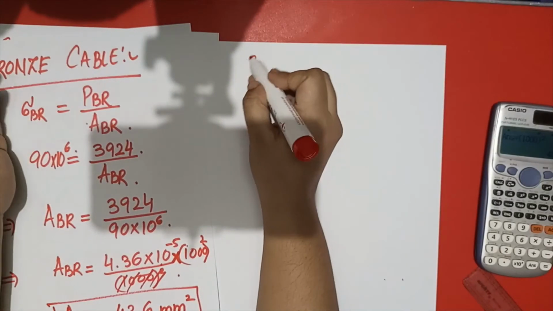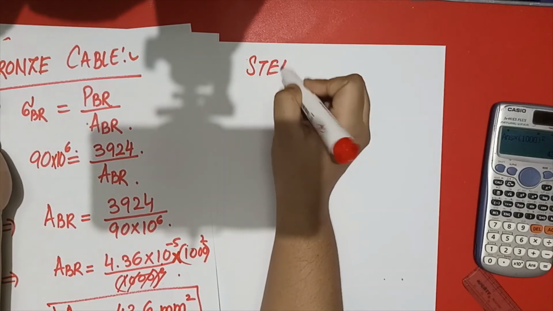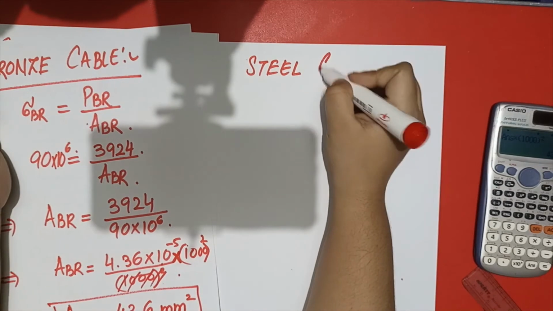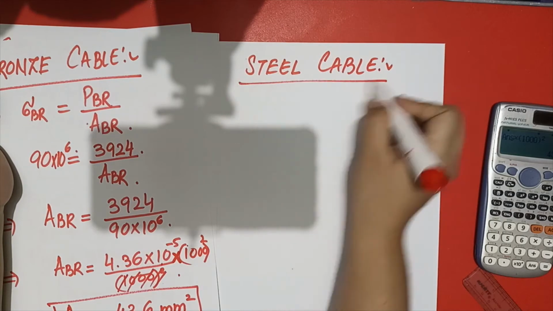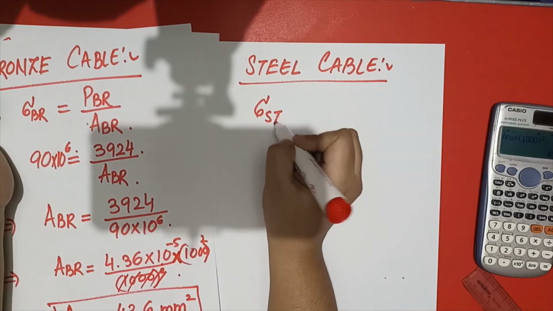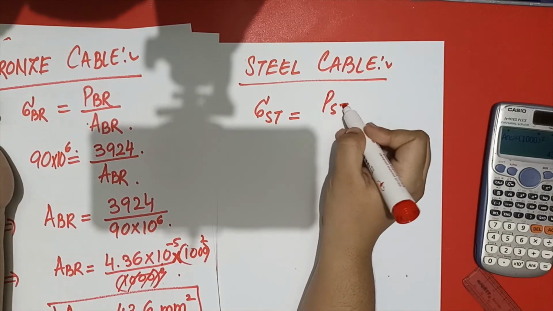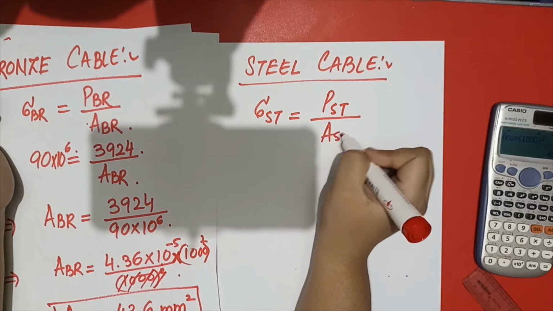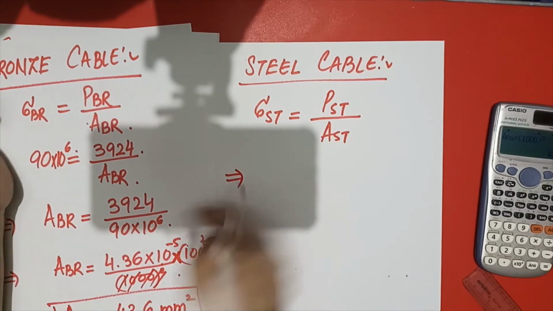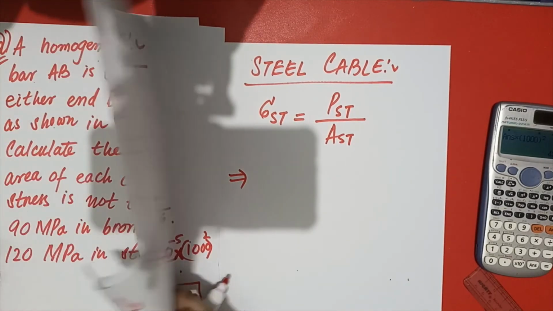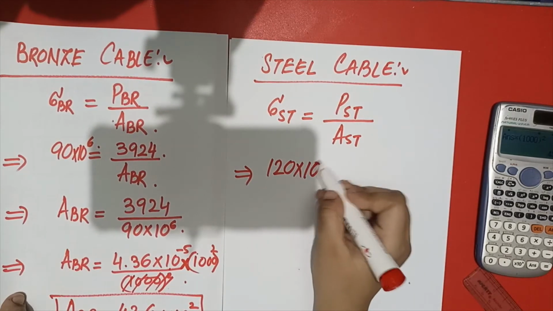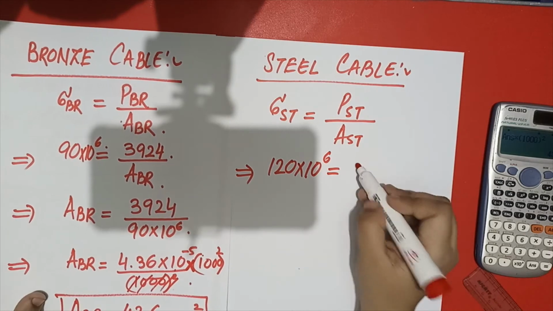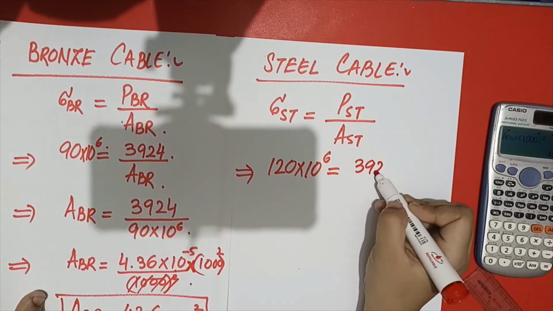Now we are going to calculate the steel cable. For the steel cable, we are going to calculate the area. So stress in steel, PST and area of ST. The limit should be 120 MPa. It is given in the question. So 120 into 10 to the power 6. PST was 3924, same.